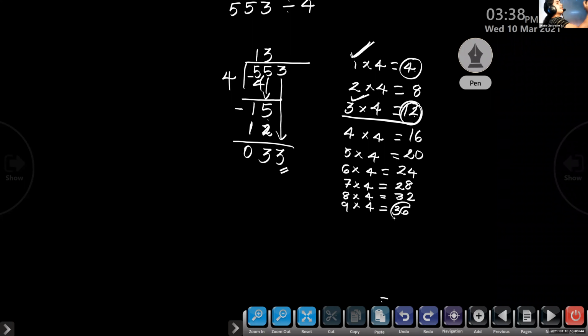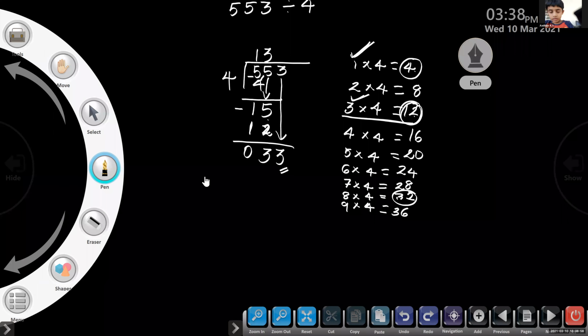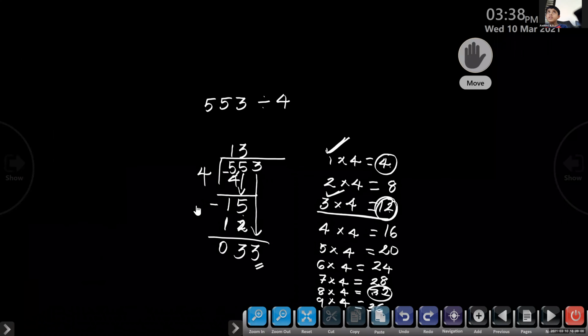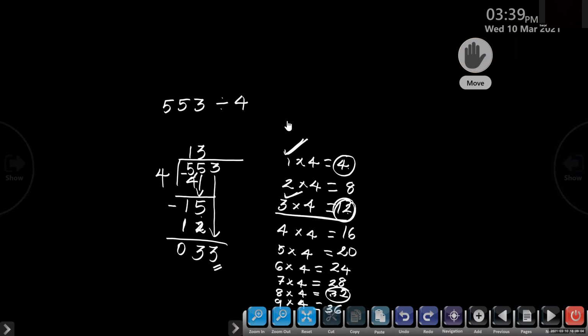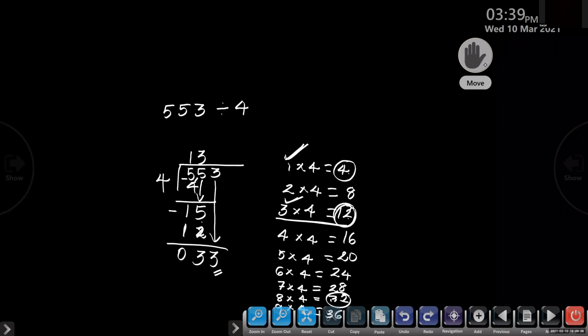Can we take 36? No. So which one can we take? 32. Then what will be the quotient? 8. So let us write 8. We write 8 here, and 32 you can write down below the dividend that you have divided.